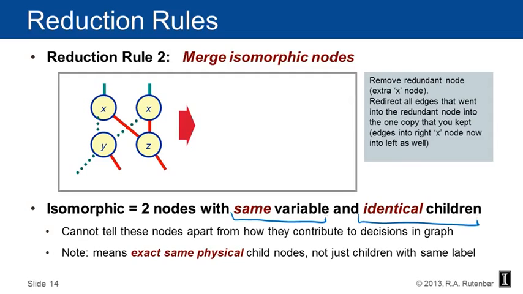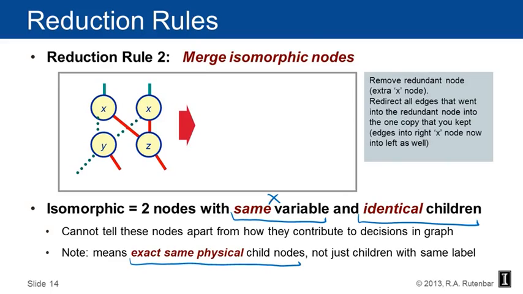Now the same variable, that's kind of an easy one. You're never going to merge an x and a y or an x and a q. Okay? You can merge an x and an x. But identical children means that they are exactly the same physical children. They are not just children with the same label. And so we have an example up here of isomorphic nodes. The x nodes are isomorphic. Right now, the x nodes have the same variable. Okay, they are both x nodes.